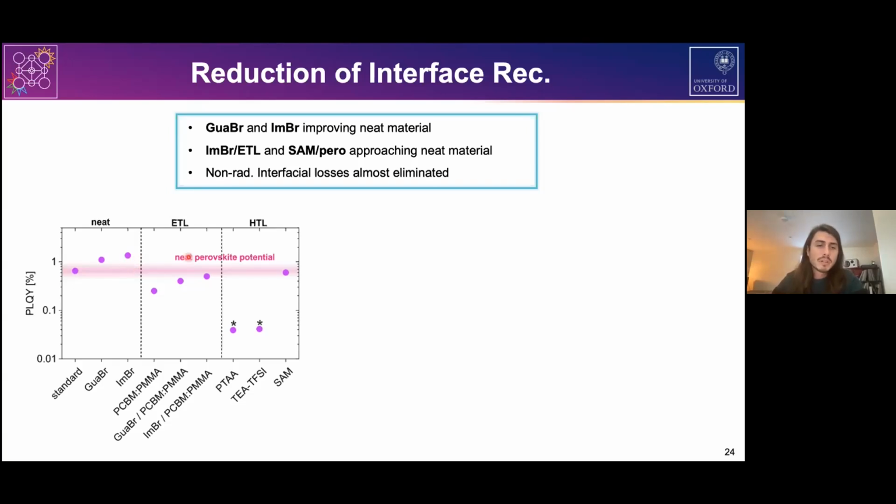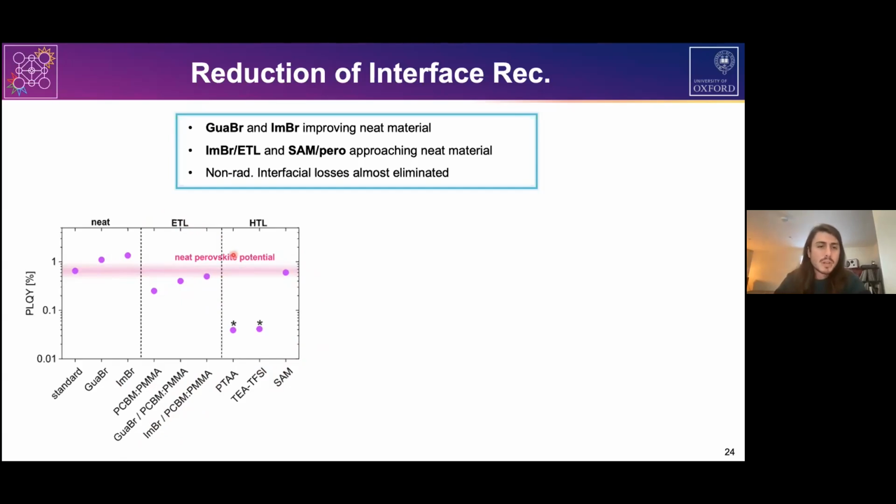But most importantly is when we have the perovskite in contact with the transport layers. In both cases, the best interface optimizations, which are the imidazolium bromide and the self-assembled monolayer, get to PLQY values which are really close to the one of the neat material itself, indicating that now interface recombination is not really a major loss anymore.